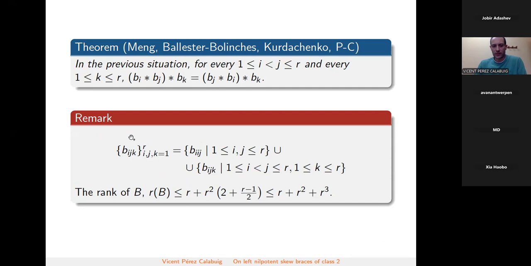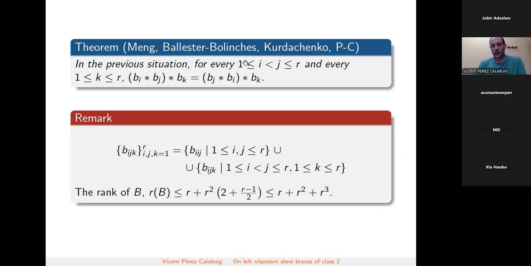Because this set of star products of three elements of the generating set can be written as a disjoint union. Here, we are considering those star products where the first and the second index are equal and the third index is free.